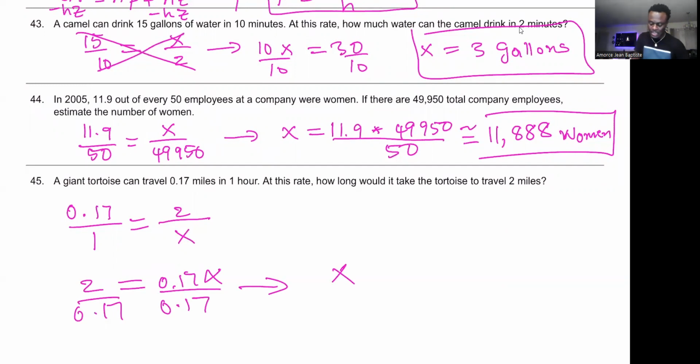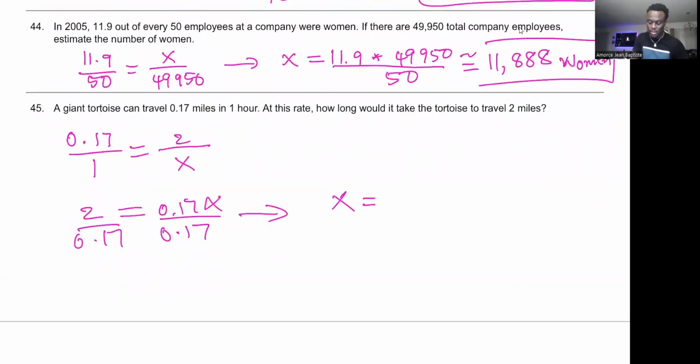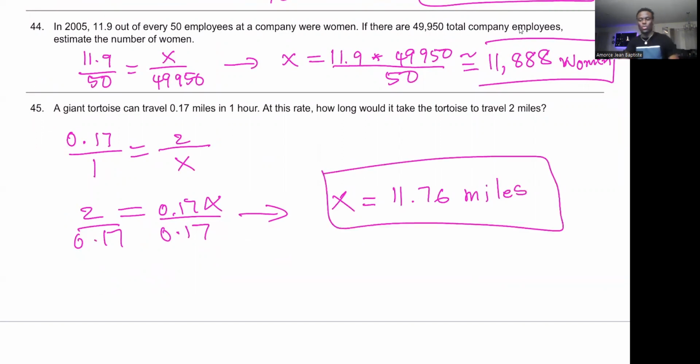So that's X equals 11.76 hours for 2 miles. So that is the second part of your review.